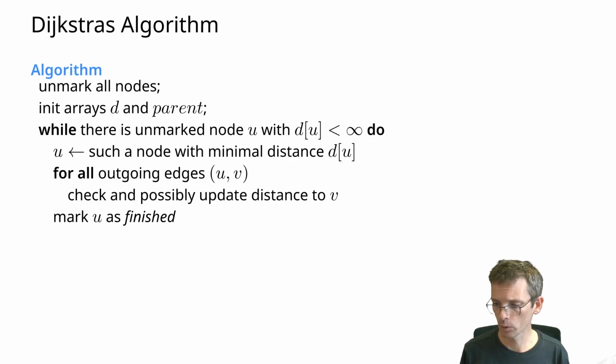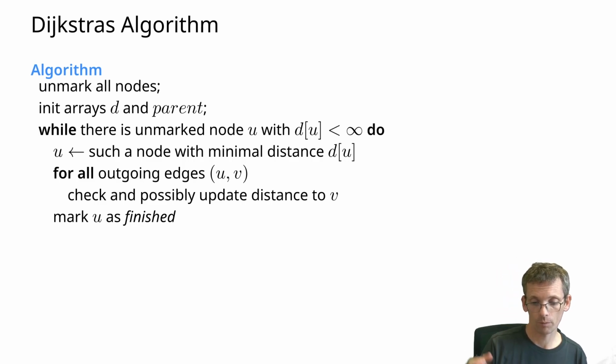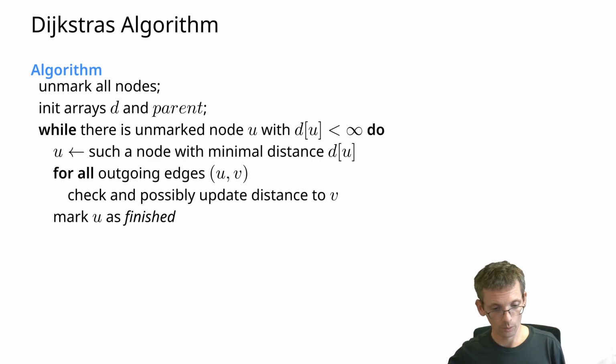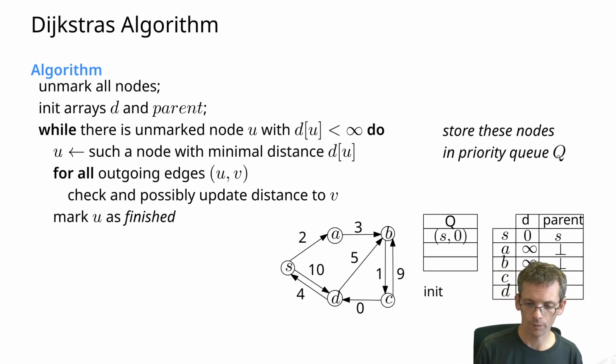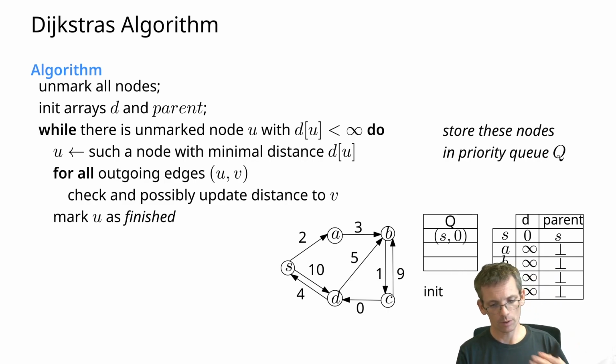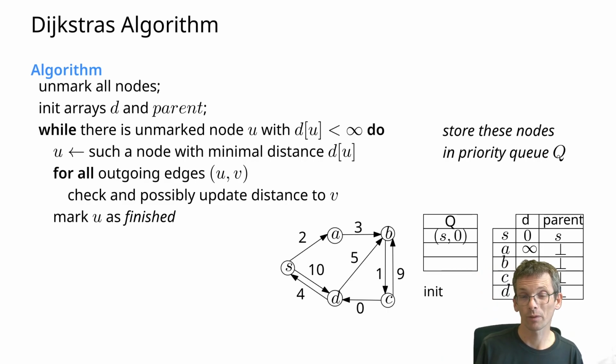At the beginning, we set the distance D for S itself to 0, and for every other node to infinity. In terms of the parents, we set the parent of S to itself, and everyone else so far has none as a parent.